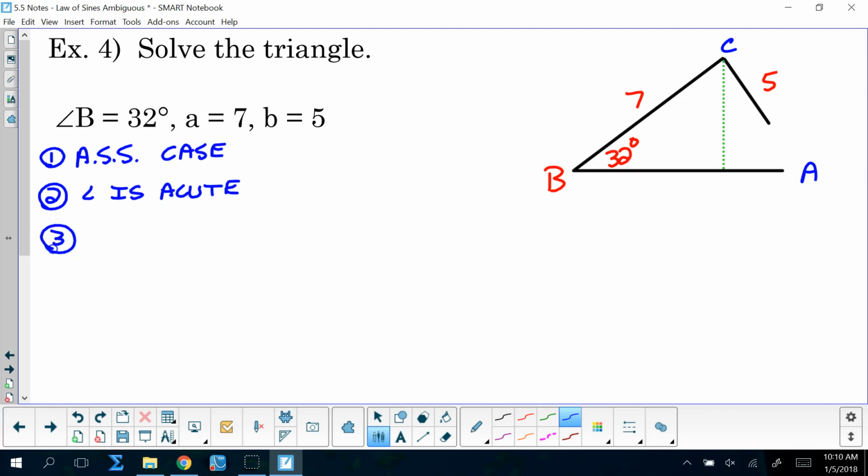Third check, opposite compared to adjacent. Which one is bigger? The adjacent is bigger. When the adjacent is bigger, what do I have to do? Find H. I have to check that H.